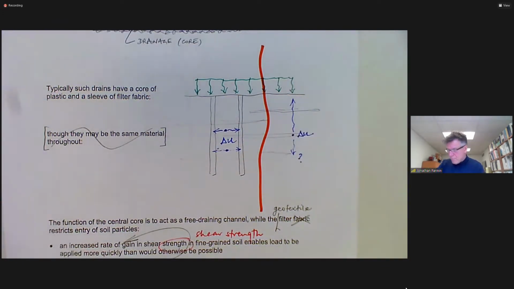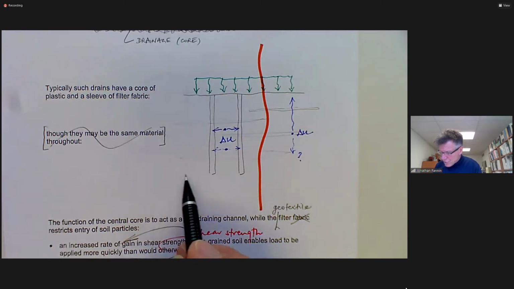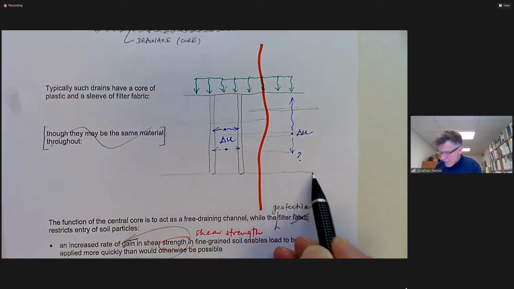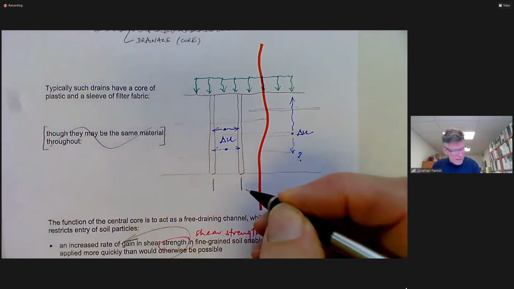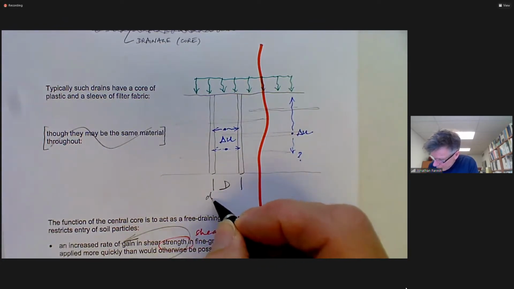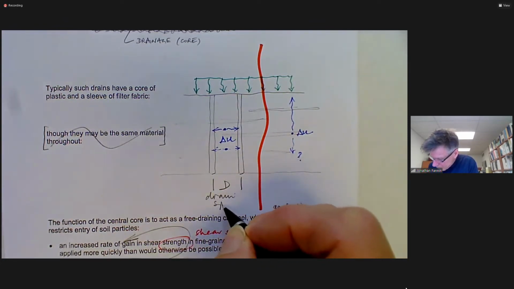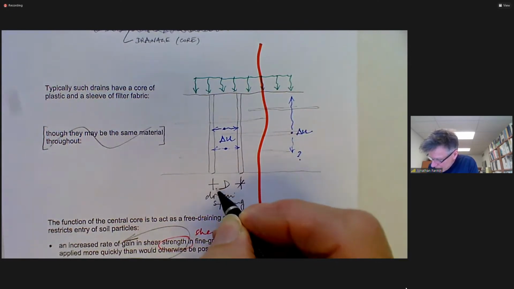And the question might be, how long the drain should be is fairly self-evident, but the number of drains is going to be driven by their spacing. The drain spacing. Center to center drain spacing.